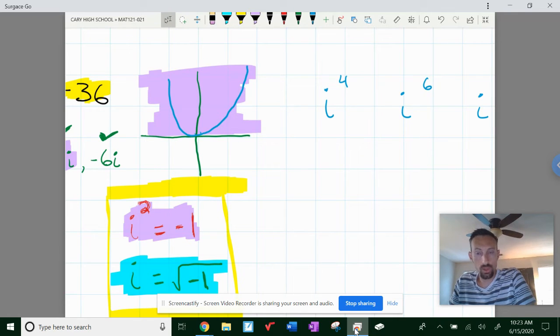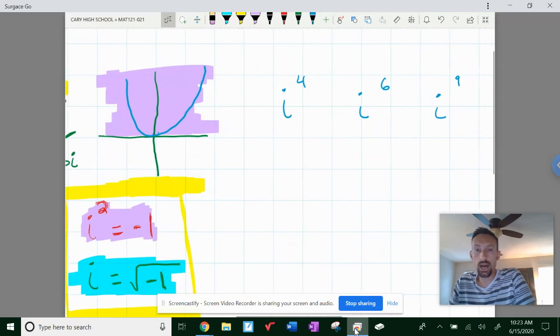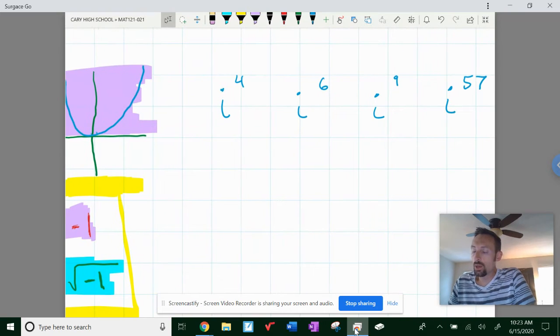That's all I know. So when I see i to the 4th, I'm going to get a little tricky here. You know what, before we do i to the 4th, let's do i to the 3rd, okay? Just so you can kind of see some pattern recognition here.